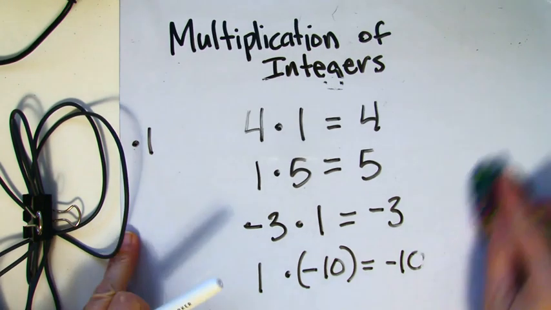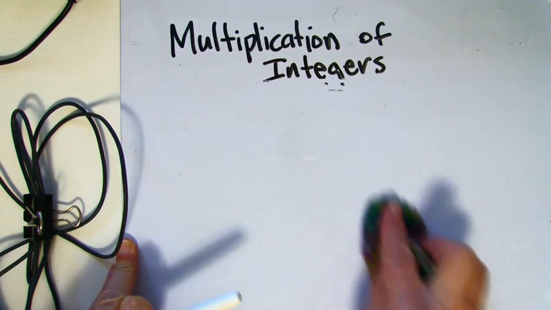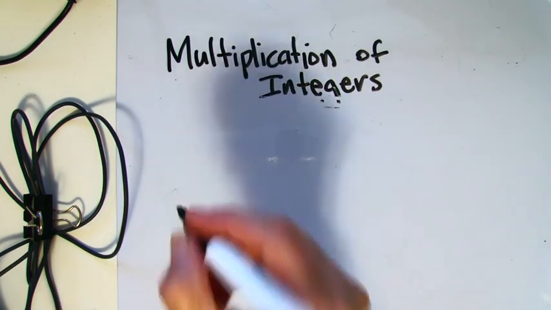When we multiply by -1, we're going to get the opposite answer.